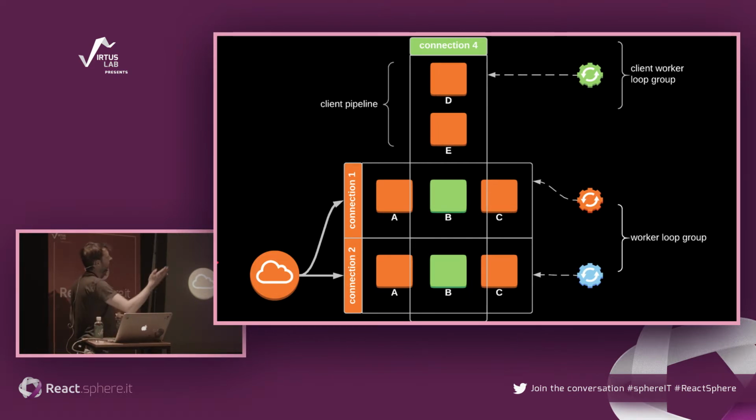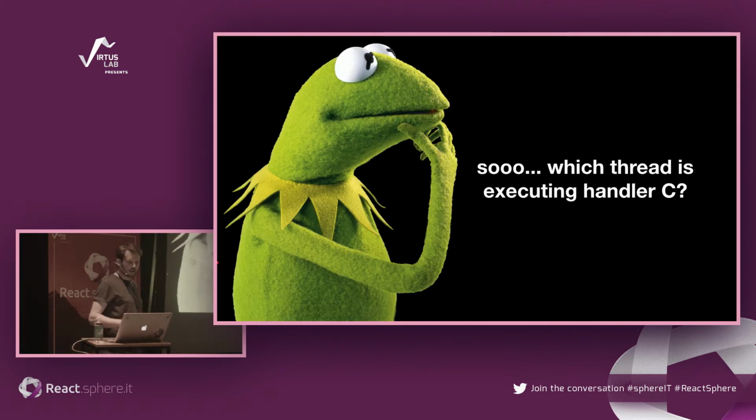Now it's calling the client, and it is executing the client's pipeline, asking the client to do the job, and it needs to await the response in order to resume the caller's service pipeline to get to handler C. So now the question is, which thread is executing handler C?